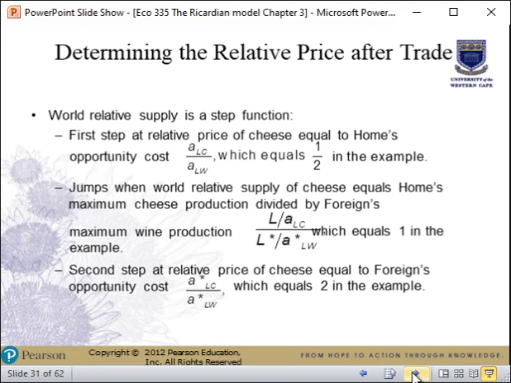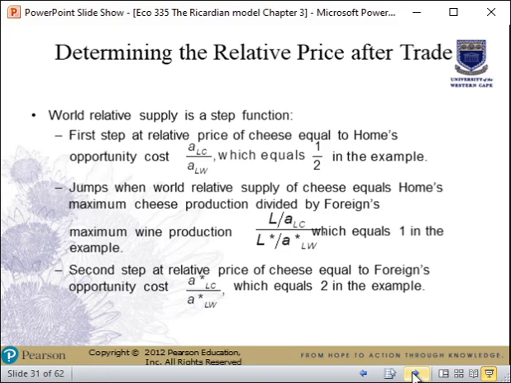Thereafter, it jumps up when the relative price of cheese falls in between the two nations' opportunity cost. Then, lastly, the second step will be at point 2. That is the point where the relative price of cheese equals the foreign opportunity cost.